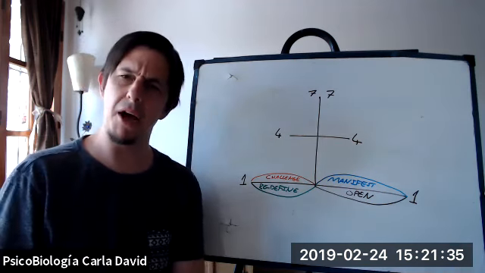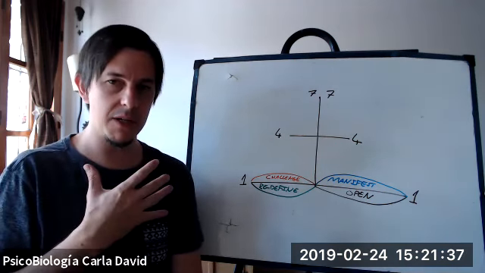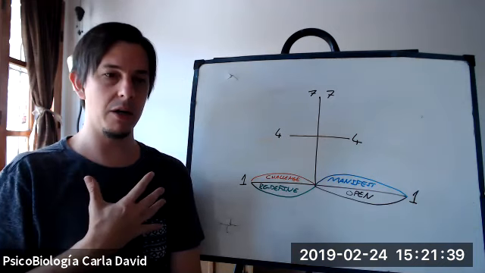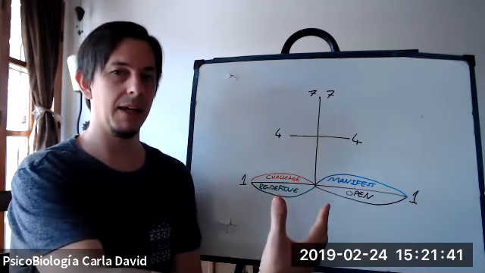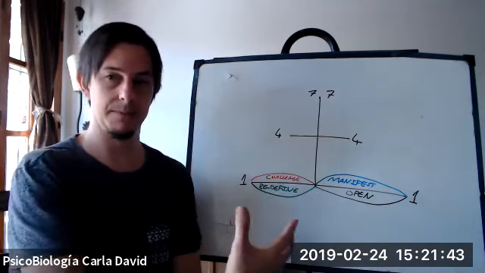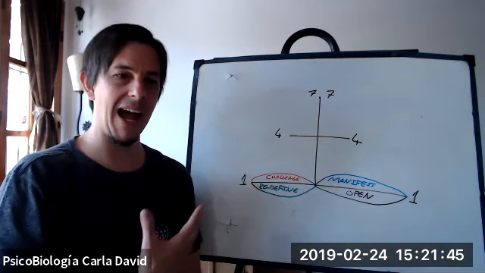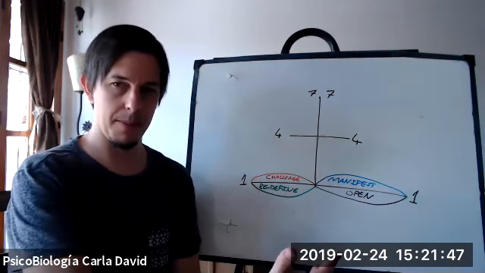Okay. What is the positive zero? The positive zero is the awareness of what's happening in the manifested expression. How aware you can be.